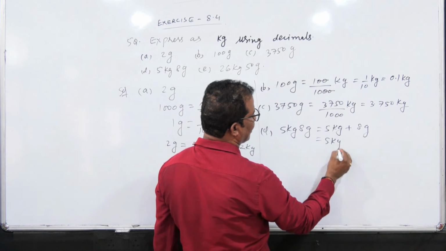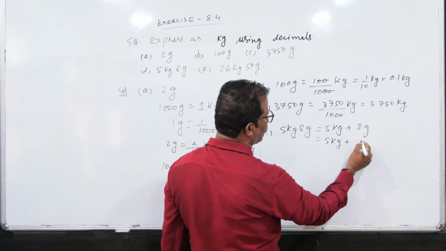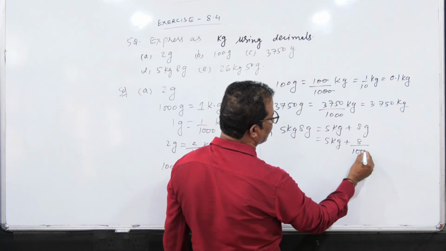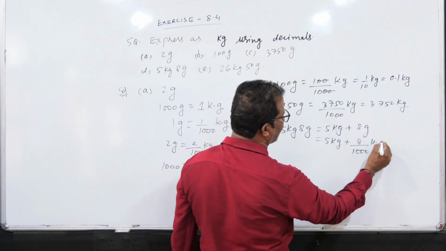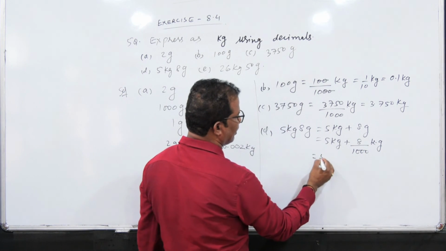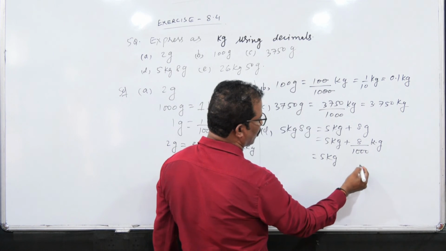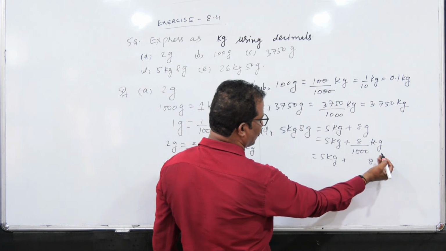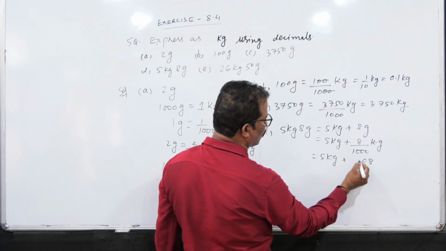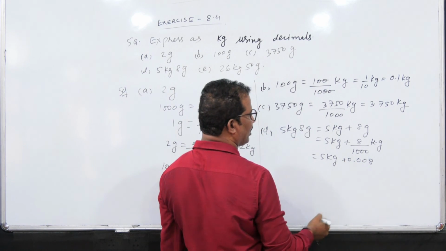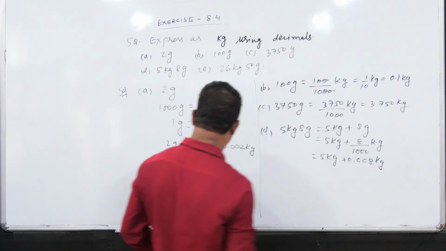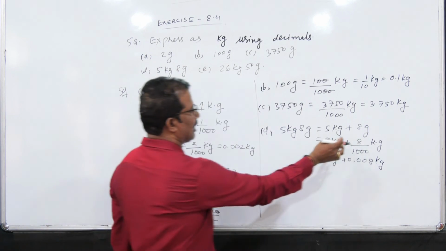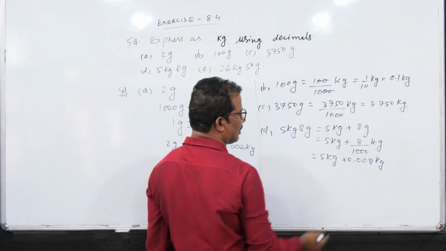That is 5 kg plus, now this gram into kg means we have to divide by 1000. Now this gram will become kg only. And if we divide 8 by 1000, we'll get what? After 3 places of decimal from right to left, 1, 2, 3, then put a point here. Now it is kg only. As we did here, we'll get 0.008 kg only.